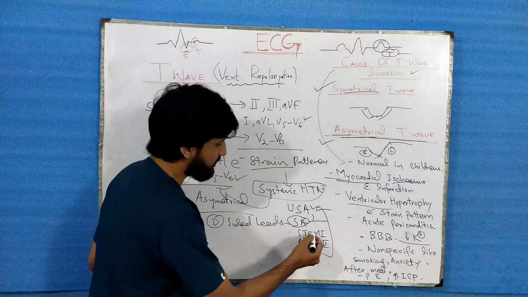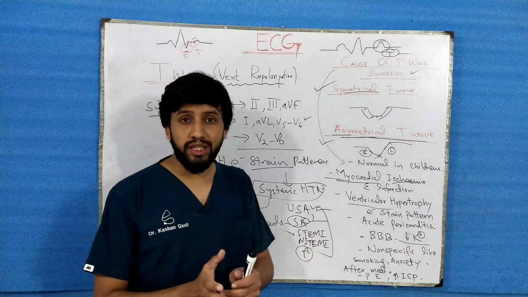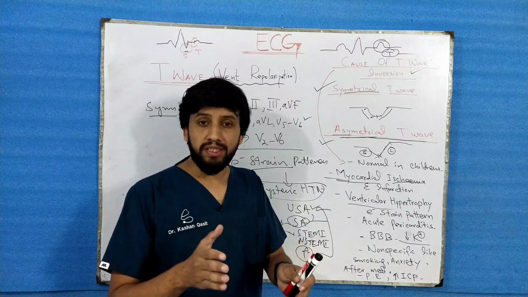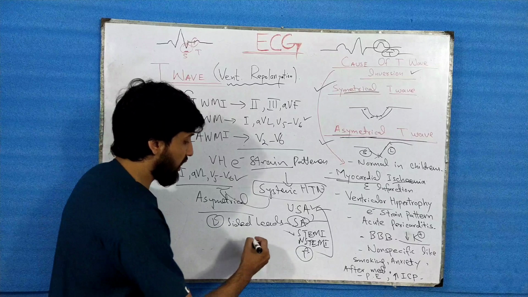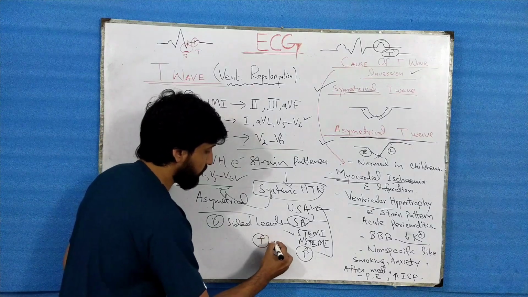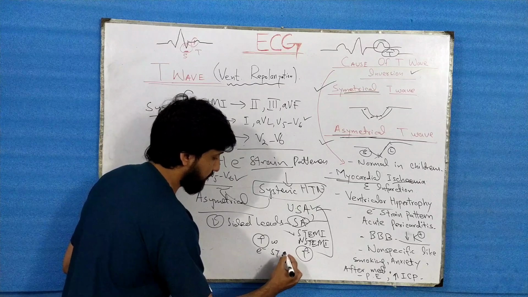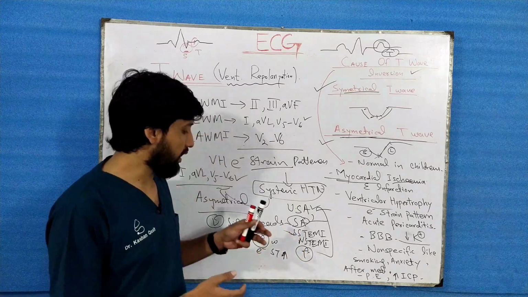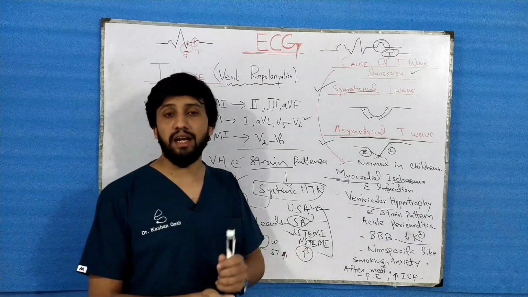But when you see the STEMI, the ST elevated MI, you will notice the T wave inversion on a serial ECG, and there will be a T wave inversion also with ST elevation in STEMI, and the cardiac biomarkers will also be positive in STEMI, that is ST elevated MI.